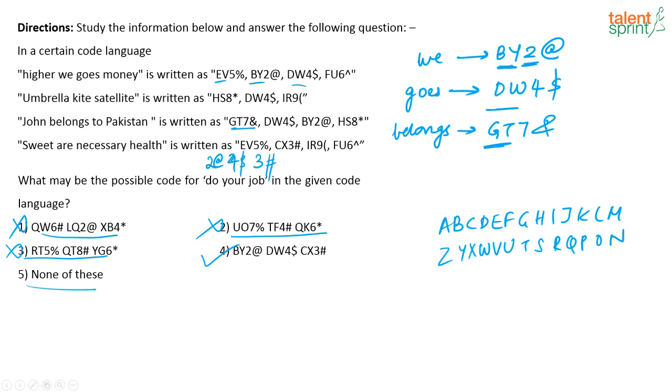When you are writing the alphabets in the reverse order, opposite of B will be Y, correct? Opposite of D will be W, opposite of G will be T. So that is what is given here, correct?